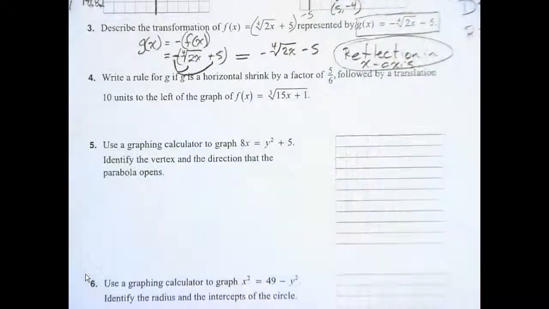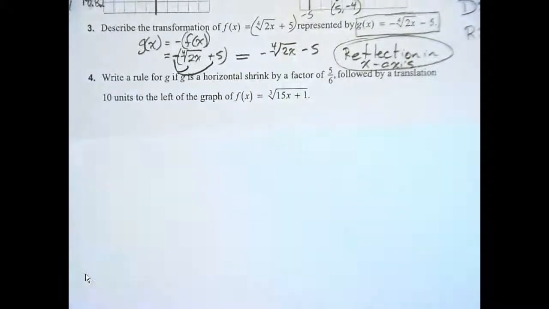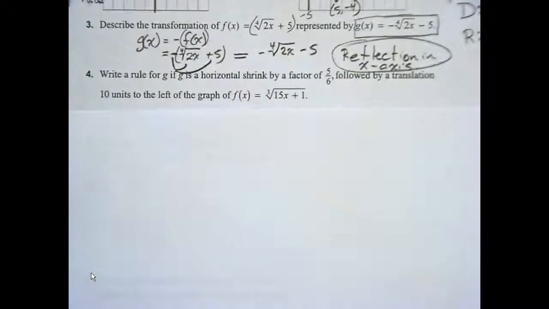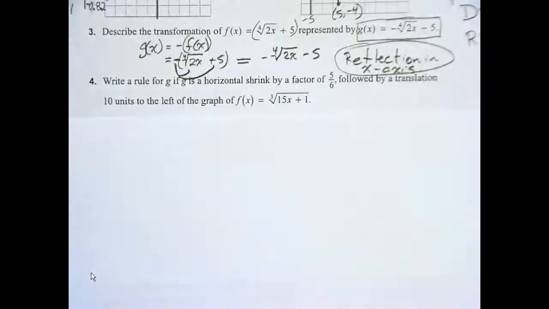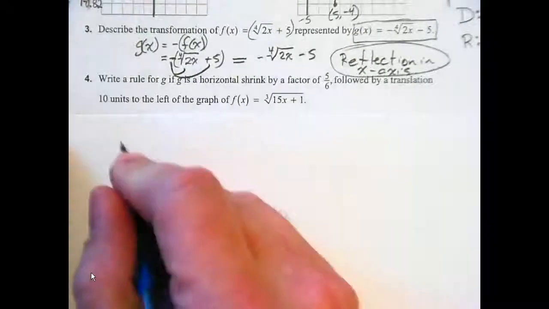Okay, number 4. Go ahead and tell your neighbor what you got there. Let's see what you guys got. Well, let me show you what I get, and then you can see if that's what you get. What I get is I am going to break this into 2 different parts.